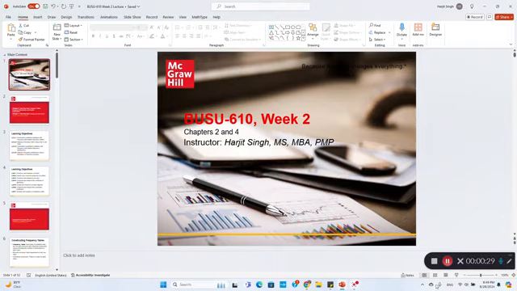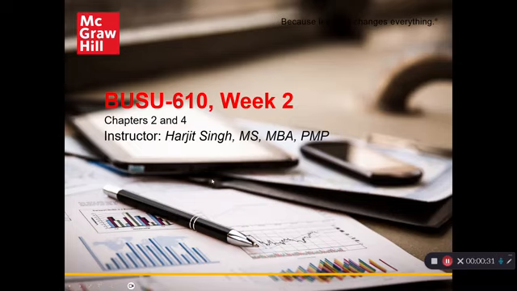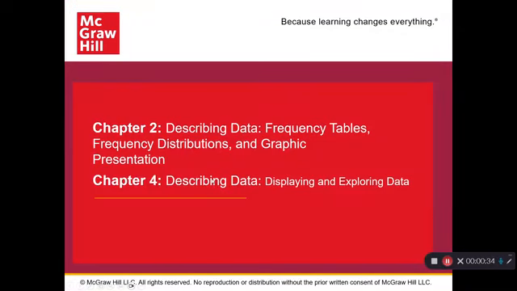This week we're going to be talking about chapters 2 and 4 of your course textbook. Both are on describing data. Chapter 2 covers frequency tables, frequency distributions, and graphic representation.